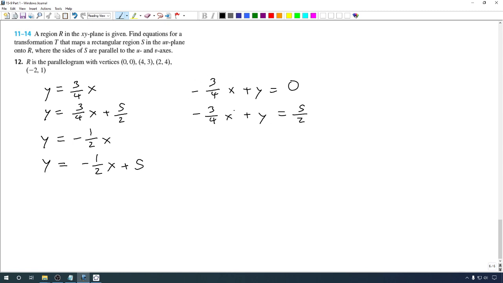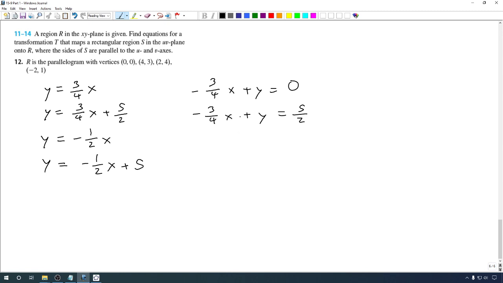This expression here, negative 3/4 x plus y, is a constant on both of those boundary lines. That actually might be something that we might want to call u, or maybe v. You can pick either one. But I'm essentially going to call this side over here u.